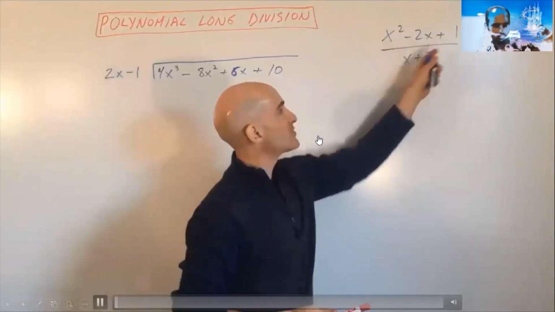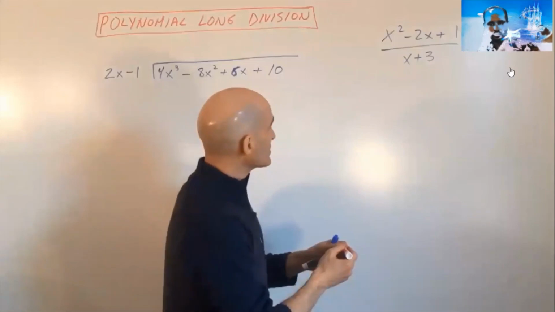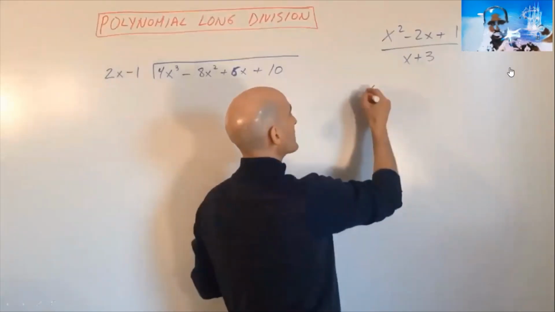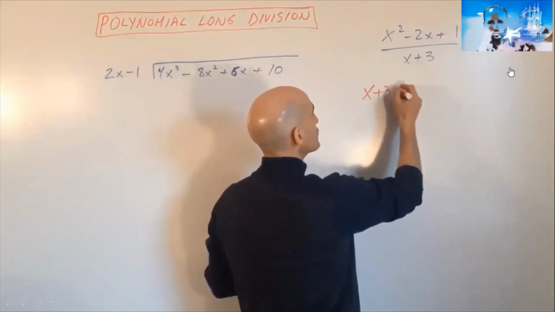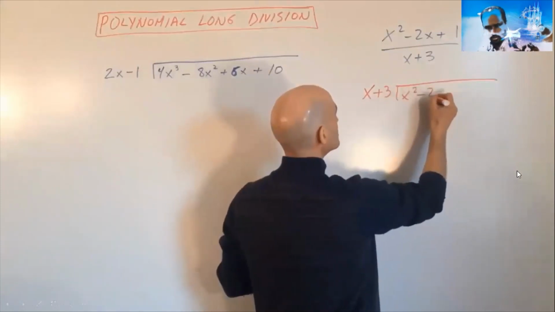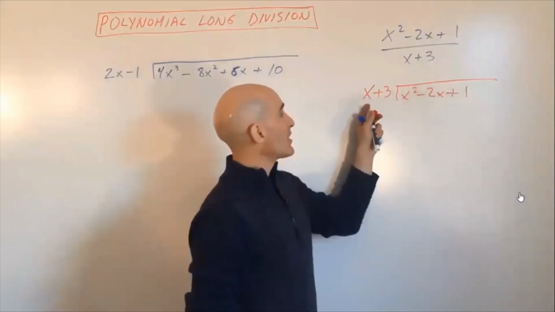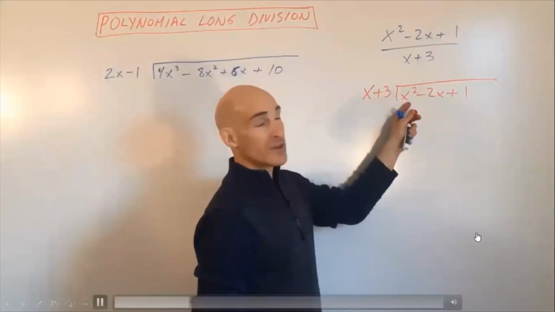x squared minus 2x plus 1 being divided by x plus 3. Okay, so we're going to set this up. We've got x plus 3 going into x squared minus 2x plus 1. What you want to do is see how many times does x go into x squared? Or you can think about working backwards.